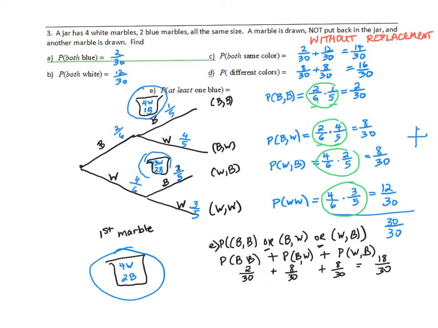So what would be the complement of getting at least one blue? The complement would be getting both white. So if we take 1 minus the probability of both white, we get 1 minus 12 out of 30, which again gives us 18 out of 30. But whichever way we do it, it works. So let's take a look at another problem.